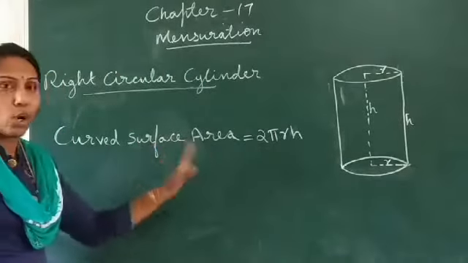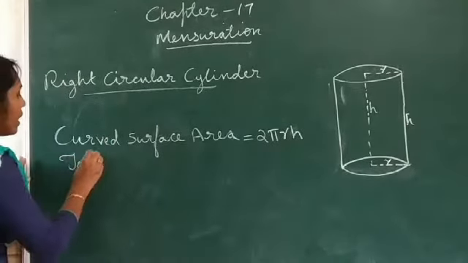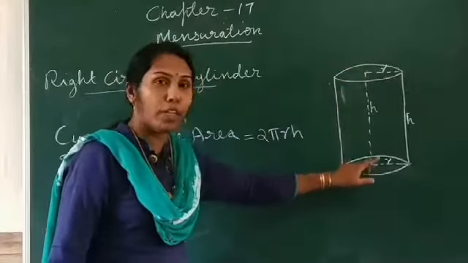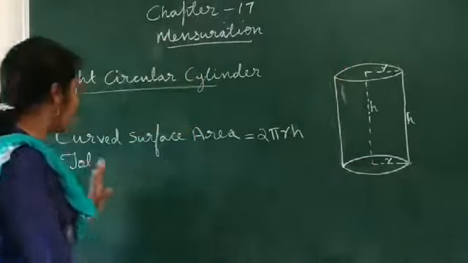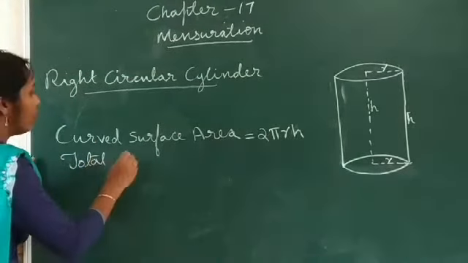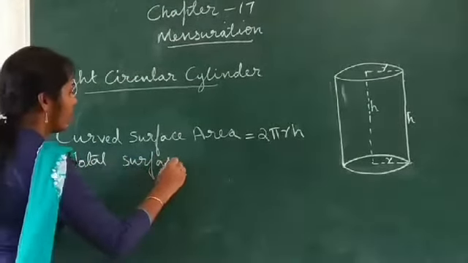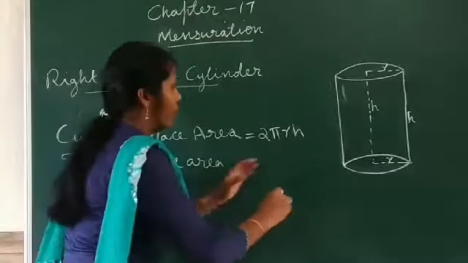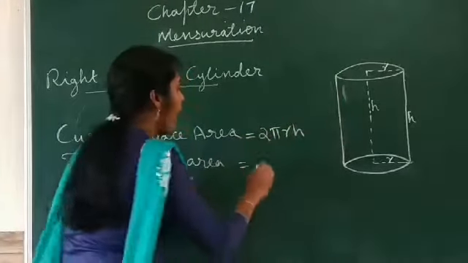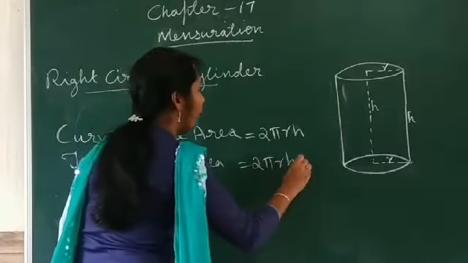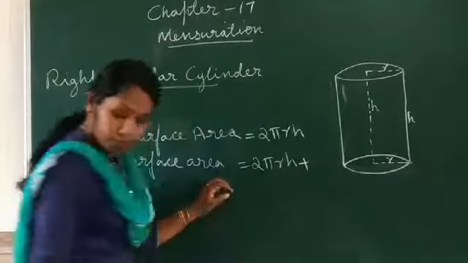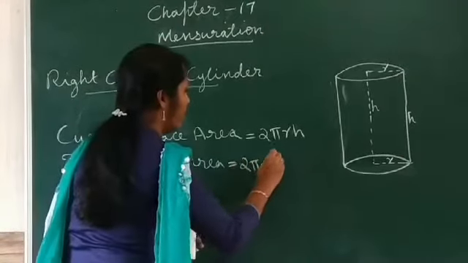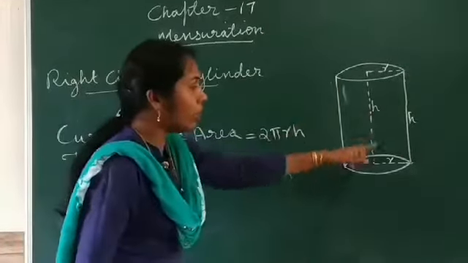Now, how can we find out the total surface area? The total surface area of a cylinder can be obtained by adding the curved surface area and the sum of the two plane surfaces. So the total surface area is equal to the curved surface area, that is 2 pi r h, plus the sum of both the plane surfaces.